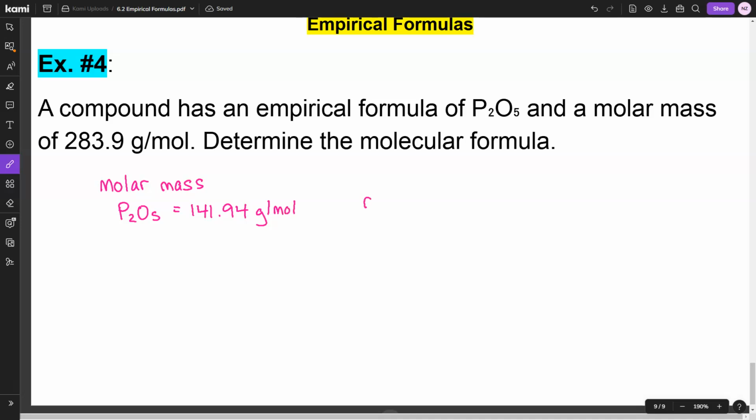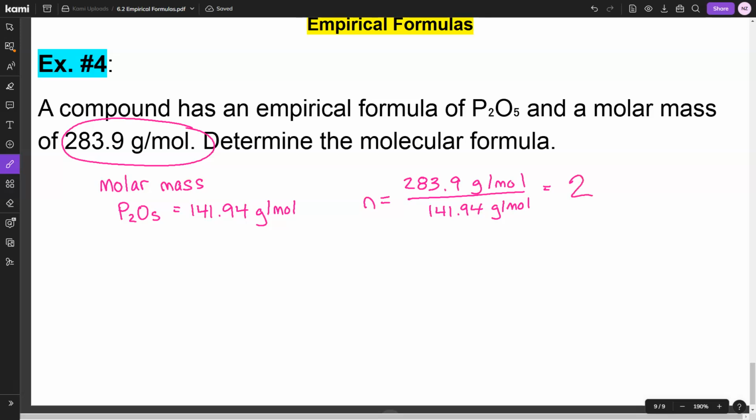To find that multiplier, it's equal to our molecular molar mass, which is 283.9 grams per mole, over the molar mass of the empirical, which is 141.94. When I do the math here, I end up with the number 2.